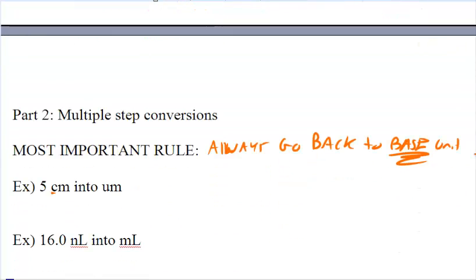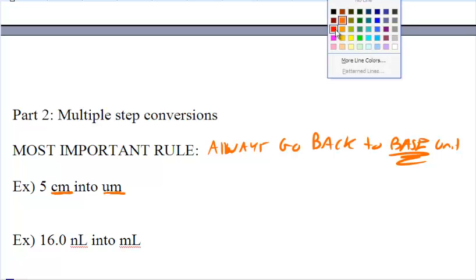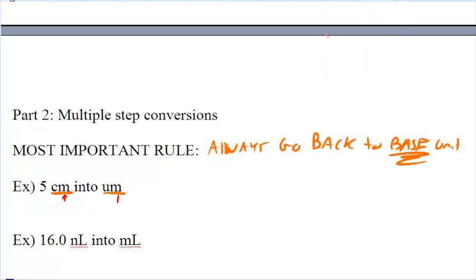So what we have here is we're going from centimeters to micrometers. If you notice here, they both have the same base, but they have different prefixes. So this is a multiple step, because what you have to do is change it to meters first, and then from meters to micrometers, because we don't have a way to get straight from centimeters to micrometers. So let's set this up. We're going from centimeters.